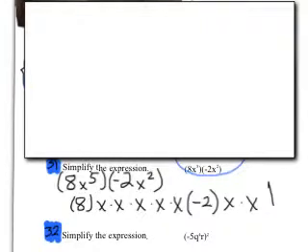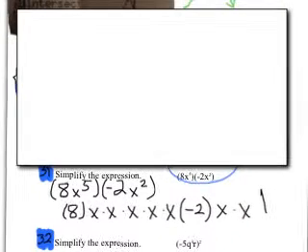If you add up the x's, we have 1, 2, 3, 4, 5, 6, 7, 7 x's. So we have x to the 7th power. And then we multiply the two numbers, negative 2 times 8, and get negative 16. So there's your answer, negative 16 x to the 7th power.